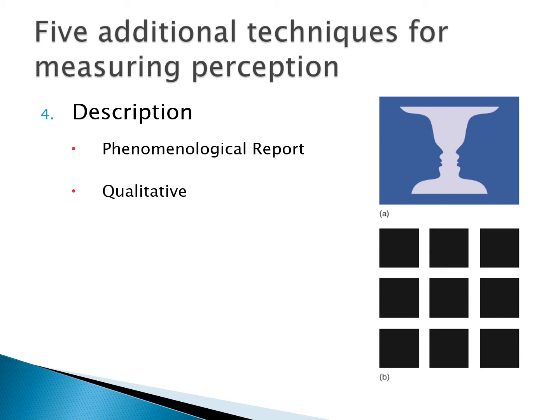And if you move your eye to that actual intersection, it goes away. And you can see that gray ghost in the other intersections that you are not fixating on. We are going to explain why that happens in a later lecture. So that's a more phenomenological report. I'm just asking you to describe what you see.